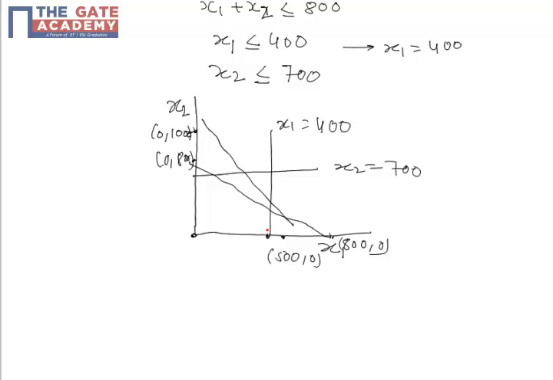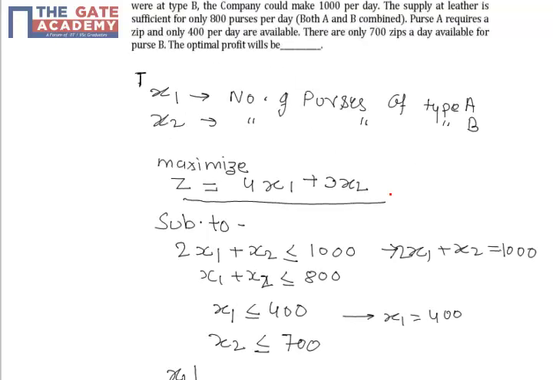Now this is our feasible region. Here this is point O, suppose this is point P, this is point Q. Corner points only we are going to consider: P, Q, R, S and T. Now we have to find out the coordinates of all these points, and then put these coordinate values into the maximization function Z is equal to 4x1 plus 3x2, and find out at which point the value of Z is maximum.